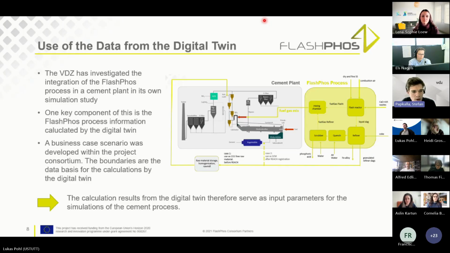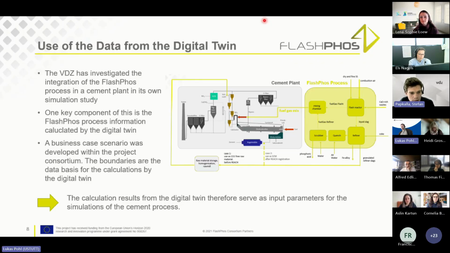For our investigations, we first developed a business case scenario together with our project partners in the working group, and we set the important boundaries for our investigations for the scale up scenario of the pilot plant to industrial scale.